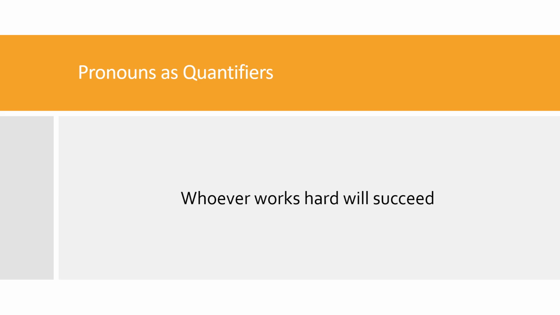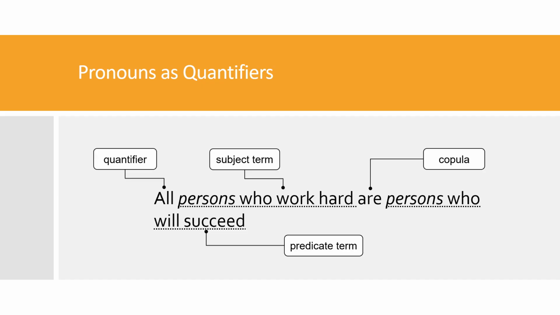So if I take as an example, whoever works hard will succeed, notice whoever is doing the quantifying, and the subject that it's quantifying is persons that work hard. So a proper translation of this would end up being something like, all persons who work hard are persons who will succeed. And notice that the subject term now is going to be one that refers to persons as the primary aspect of the class or category of things we're talking about.